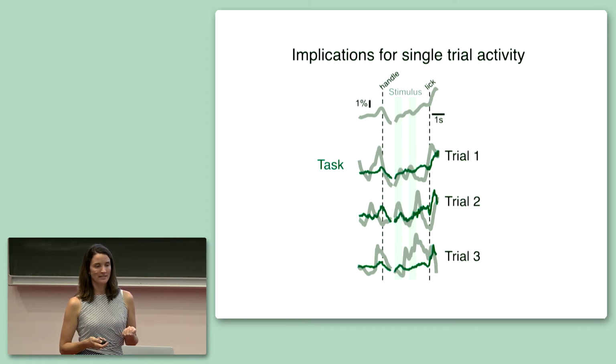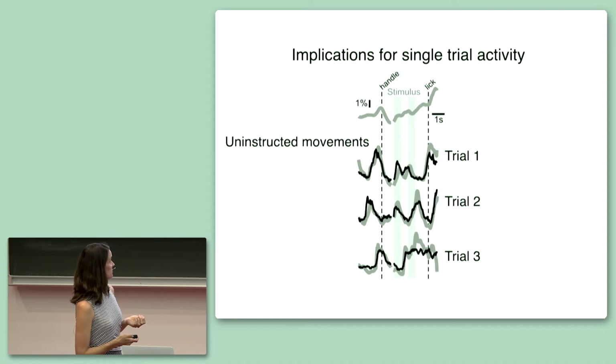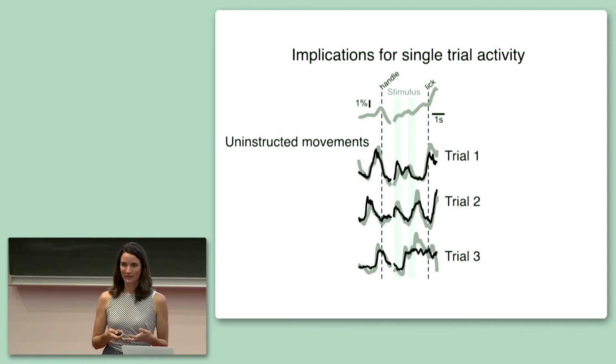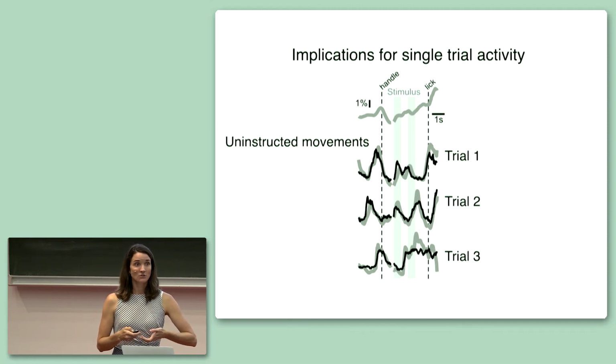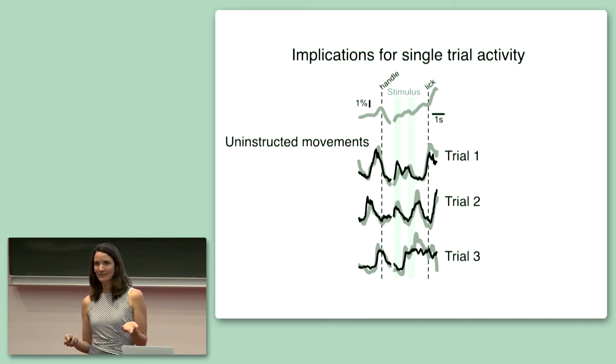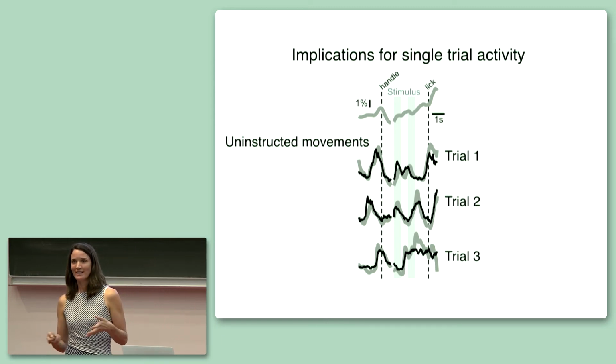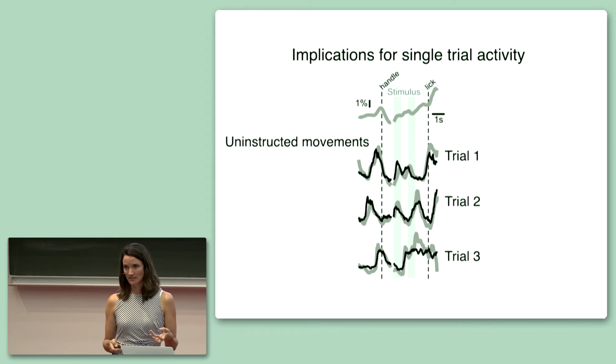They're not really explained by the task. These fluctuations are really explained by uninstructed movements. So these fluctuations, which first appear to be noise, are not noise. They reflect the fact that the animal or the human has a whole set of priorities that we don't know about, but that have a big, big impact on what the brain does.